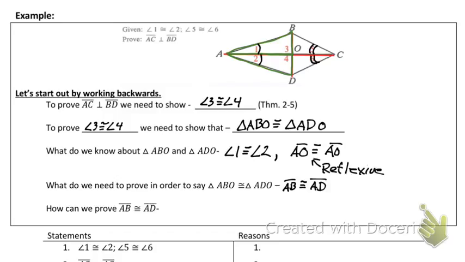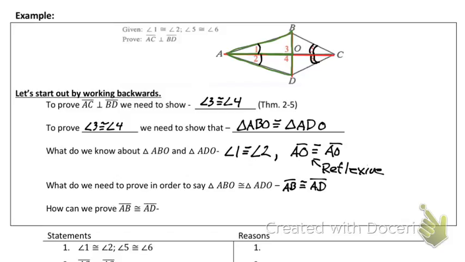So what Abby said is basically extend this, talk about the big triangle, say this big triangle is congruent to this big triangle, and then by CPCTC, this segment is congruent to that segment, which would then prove that this triangle is congruent to this triangle, which would then say that 3 is congruent to 4.